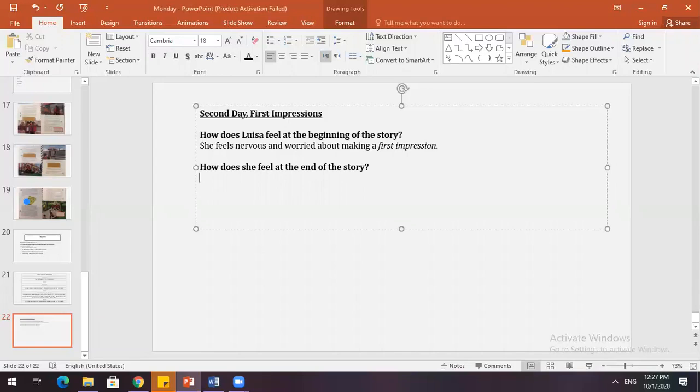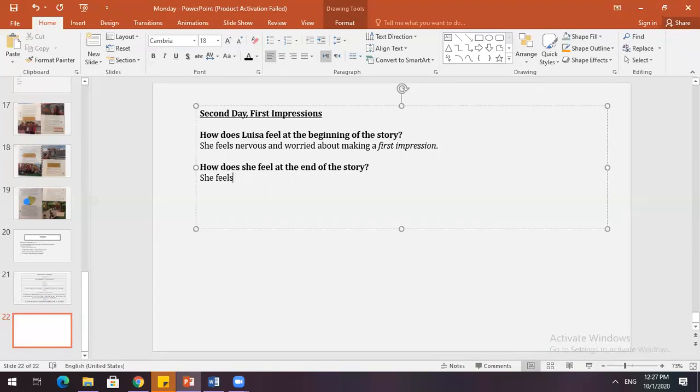How did she feel at the end of the story? Zain? Yes, go ahead, Zain. How did she feel at the end of the story? She feels happy and surrounded by her friends.